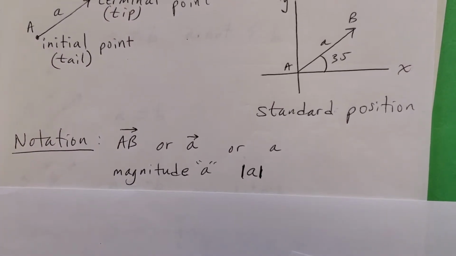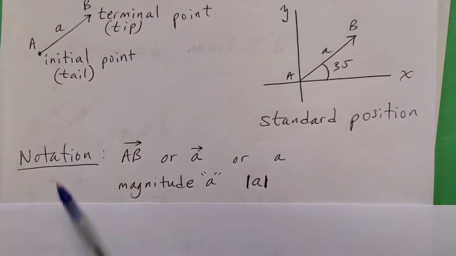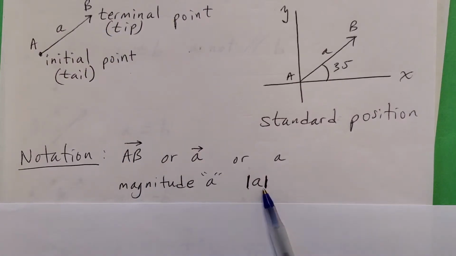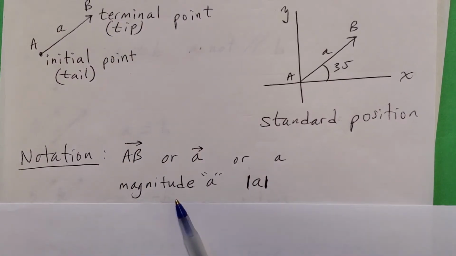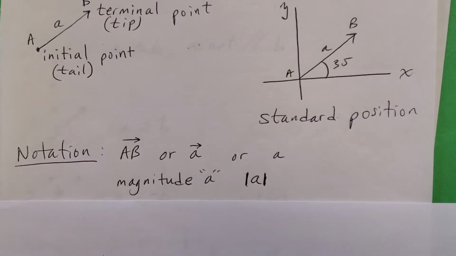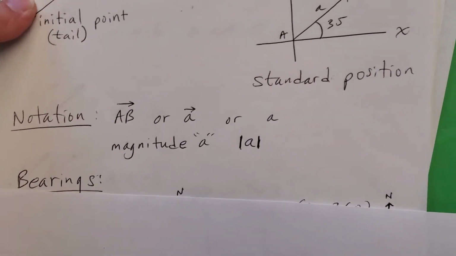So if you're only talking about the magnitude, so if we go back here, say that's 2 inches long. So the magnitude is 2, right? We would say the magnitude of a. Instead of writing the word magnitude, we just put these bars here. That means magnitude of a. Okay? You'll see more of that later. But right now, let's go back to talking about the vectors.